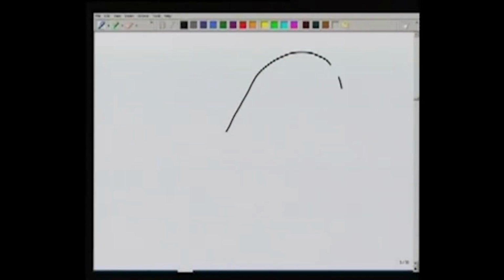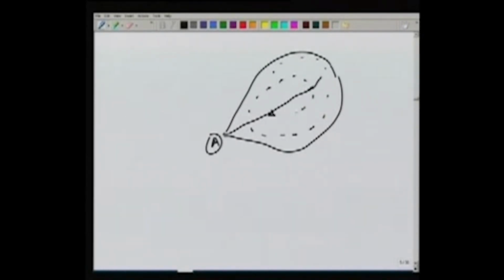So over a certain area, let's say this is the catchment area, a river originating here and moving to the point A. And now let's suppose that there is some rain over this entire area. We will assume that the rain is of uniform intensity.